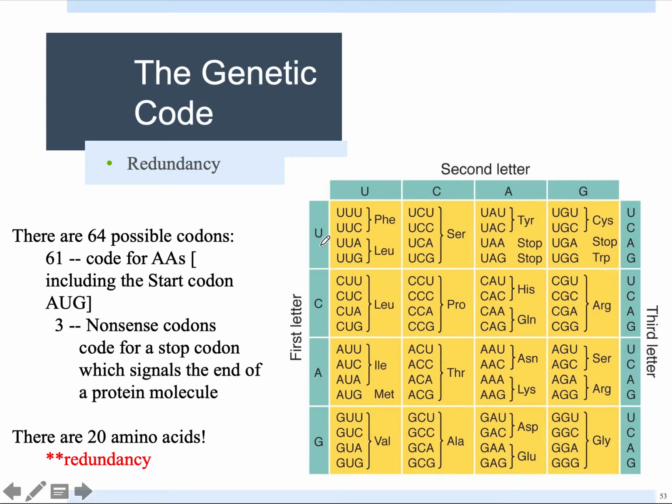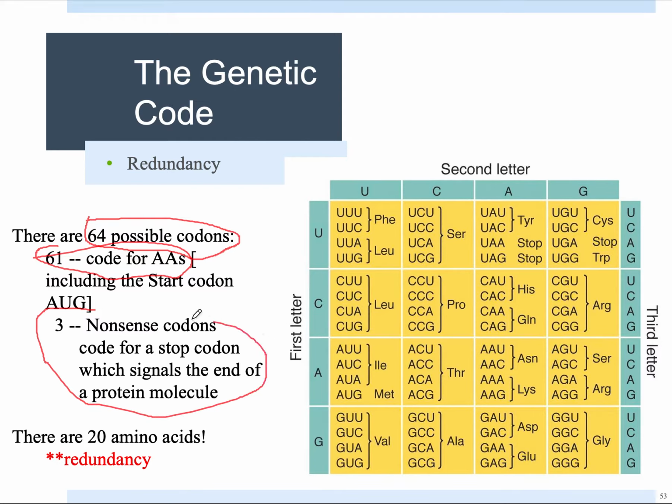And so you have the 4 nucleotides, uracil, cytosine, adenine, and guanine, all combining. They can combine to give you 64 possible codons, or combinations of 3. 61 of them will code for amino acids, including a start codon, and 3 of them are nonsense codons.